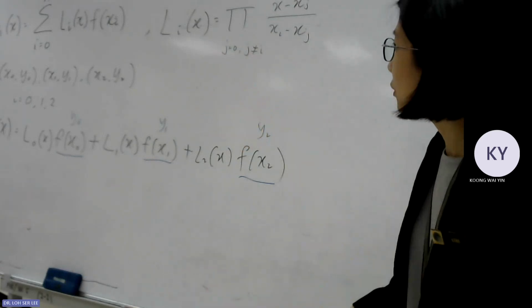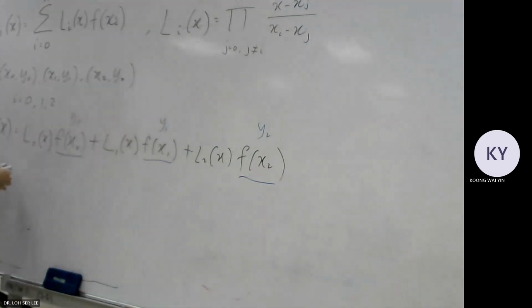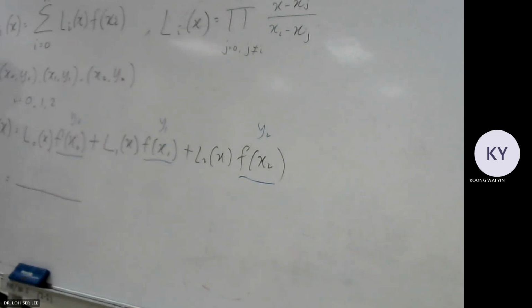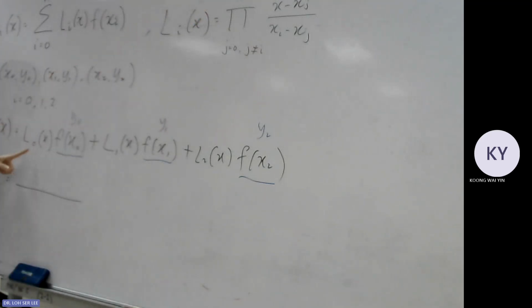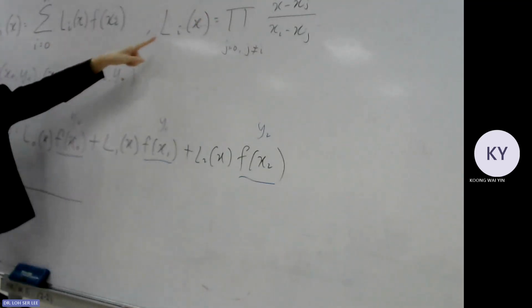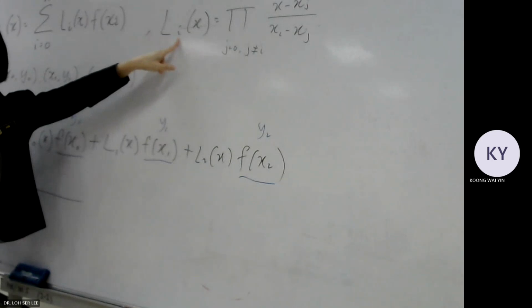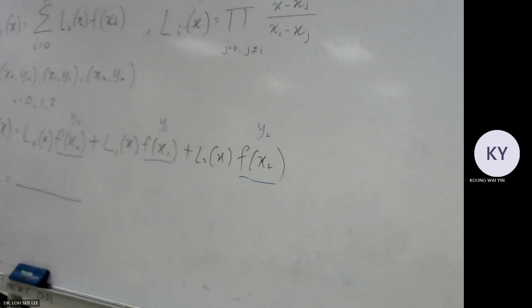But for the L, when we look at how to get L0, we use this formula. L0 means your i is 0. Now we want to get the function of this.